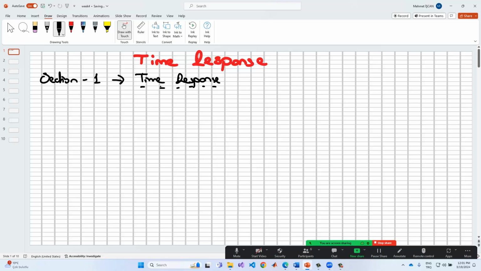This is the response of the dynamic systems or the system dynamic equations. Okay, in control theory we will deal with this notion, time response, all the time. For example, if our time goes to infinity, then we will get some responses from the system, for example the position or the velocity or any other like that.